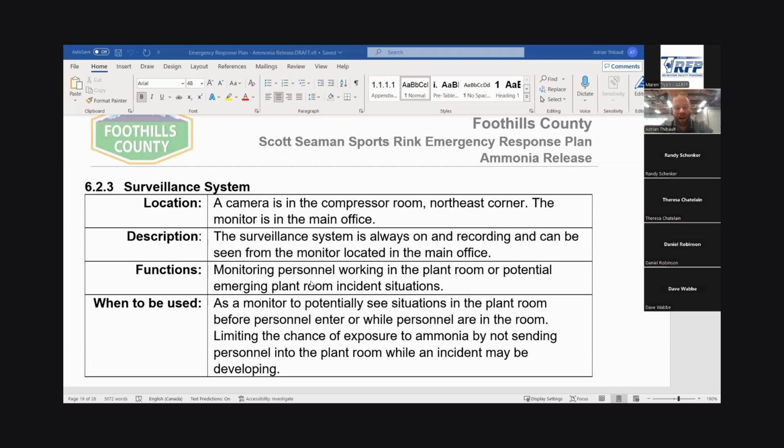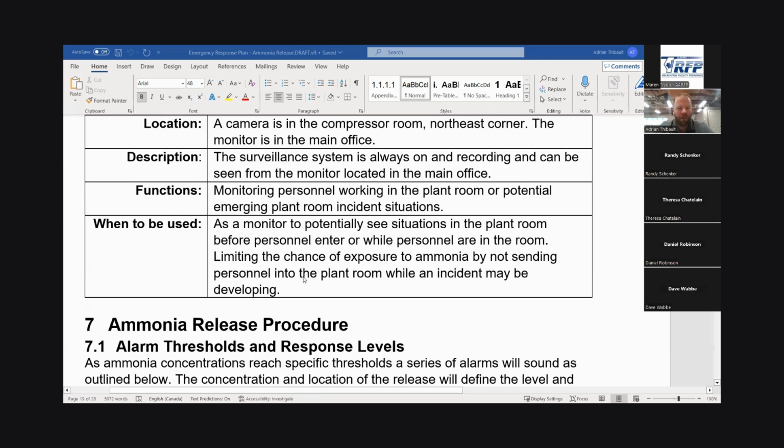Or, Tim was supposed to check the plant room and I don't know where he went. What happened? You check the camera and you see Tim there doing his job, he's fine. So a surveillance system inside the plant room is a real bonus for sure.